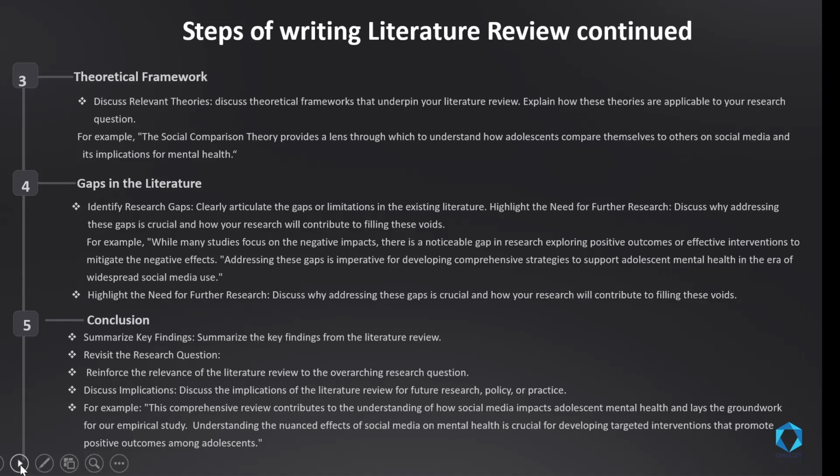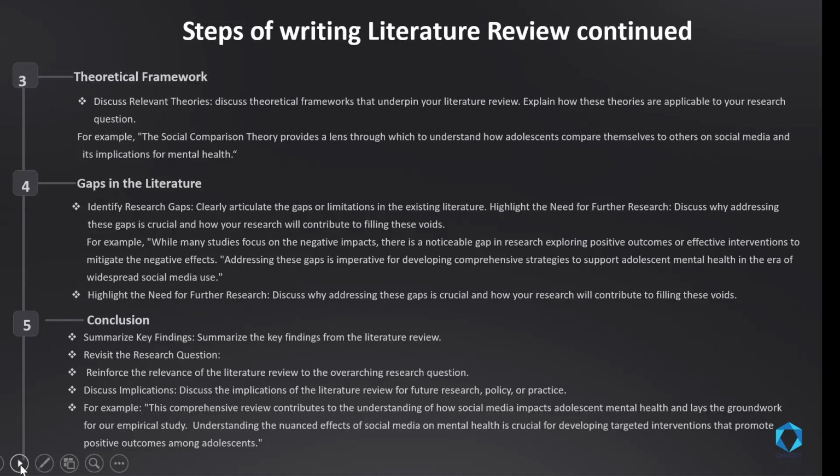Now here you identify the existing gaps that you have identified in studies written by other authors. You identify even the need for further research to be done and discuss why it is important, why it is crucial to address these research gaps. How does your research contribute to filling these voids?